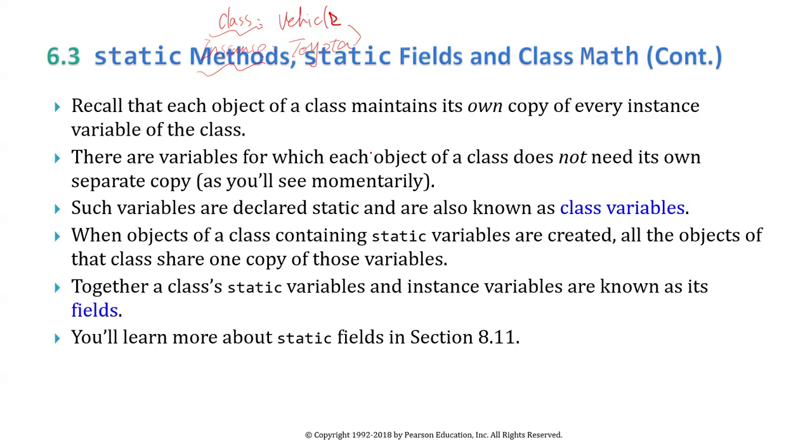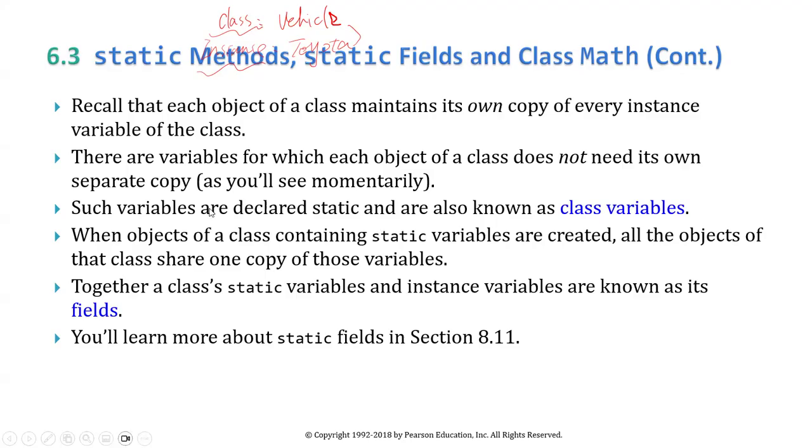However, this is not a static method. There are some variables for which each object of a class doesn't need its own separate copy, as you'll see momentarily, and such variables are declared static and are also known as class variables.